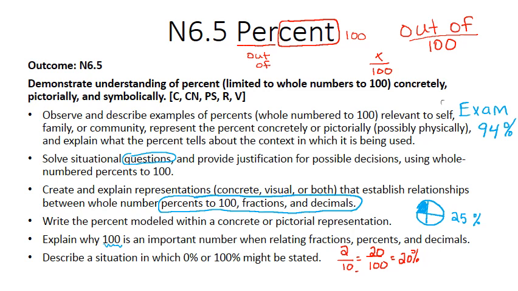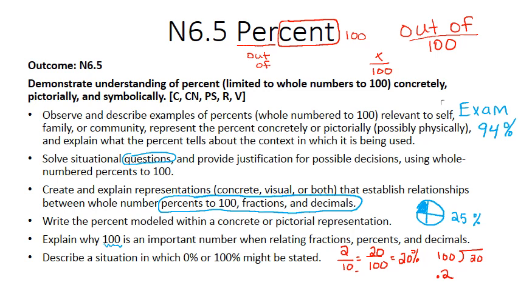And if I wanted to type 20 divided by 100 into a calculator, or if you wanted to work it out, you end up with the decimal 0.2. So they're all related.